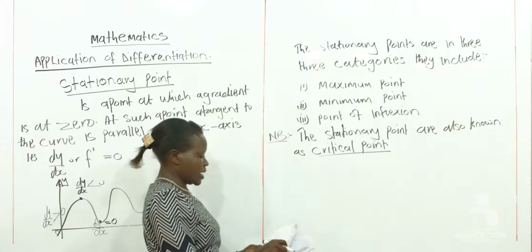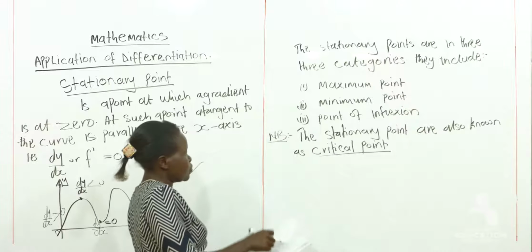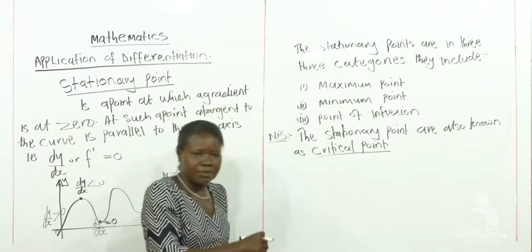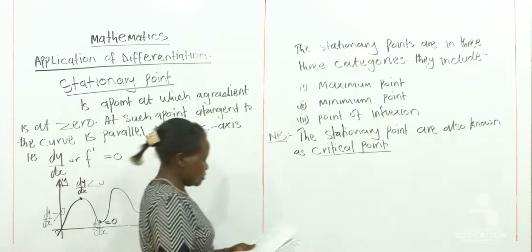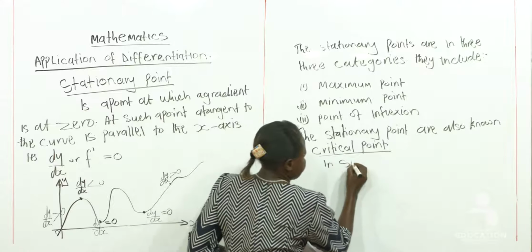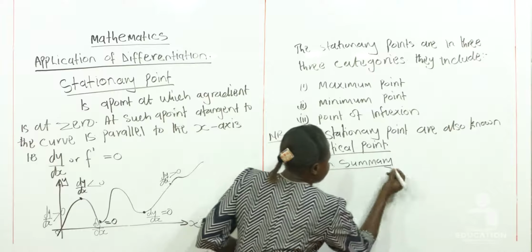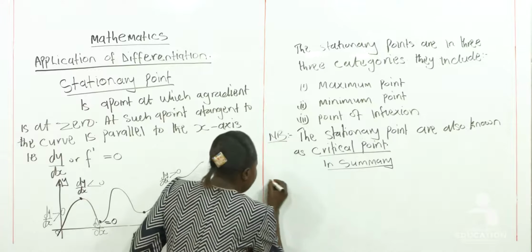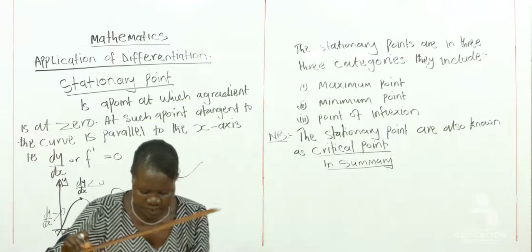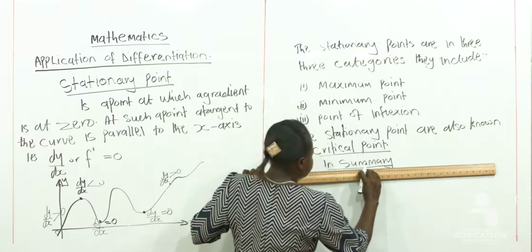So in summary, I want you to have this in your notes. How do I know that I'm at a maximum turn or maximum point? How do I know that this one is a maximum turn and this one is a minimum turn?